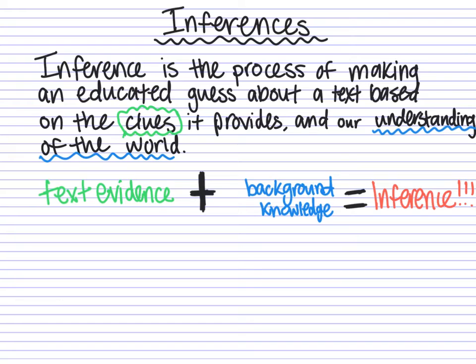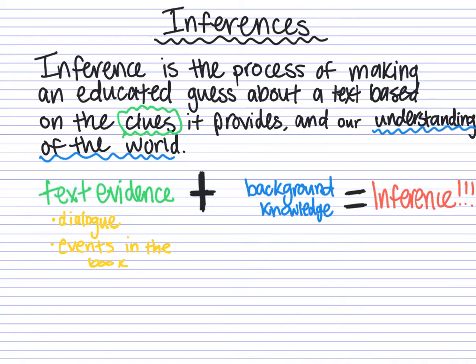Those things would be examples such as dialogue. Dialogue, sixth graders, is talking. It's like characters talking within a book. That's an example of text evidence. Another example of text evidence are events that happen in the book.